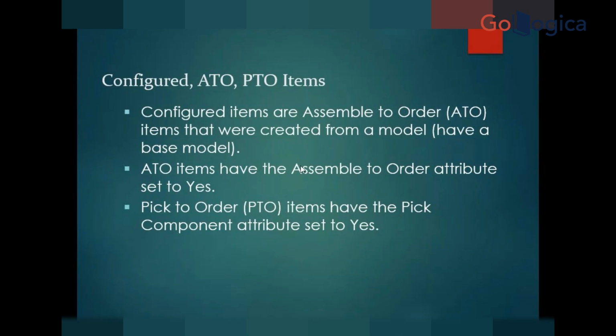It's a part of the model, but we are selecting it as a different combination. Those are called configured items. ATO items are those with the assemble to order attribute set to yes. For PTO, we have the pick components attribute set to yes. This is the major difference between configured, PTO and ATO.